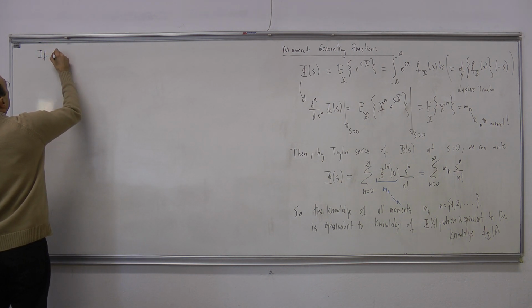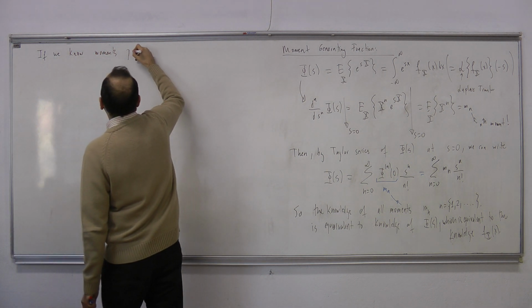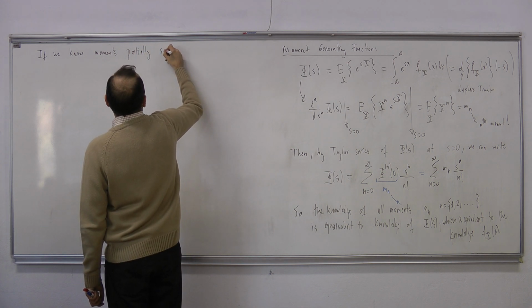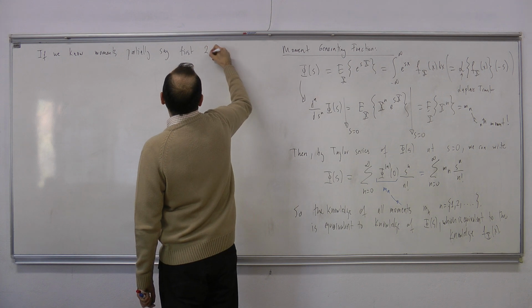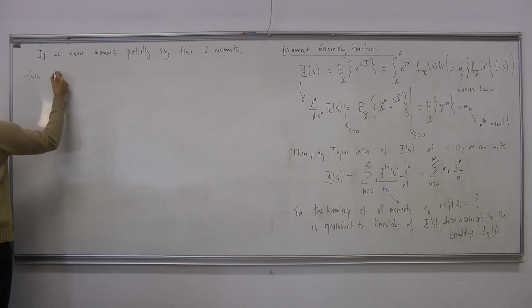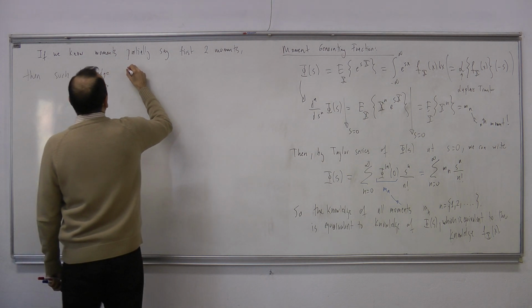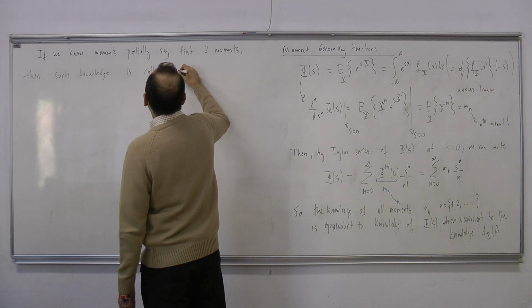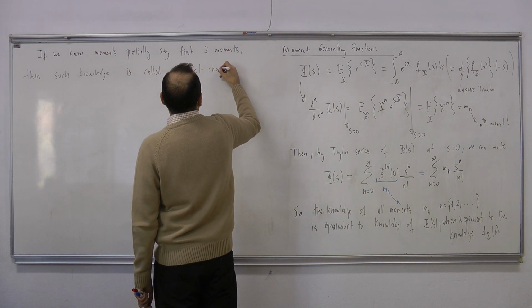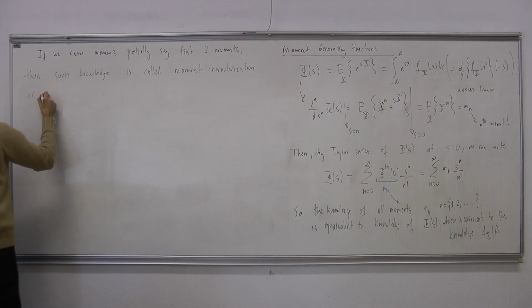If we know moments partially, say the first, let's say, 2 moments, then such a characterization, such moment knowledge, is called moment characterization or partial characterization, because I cannot fully characterize it.